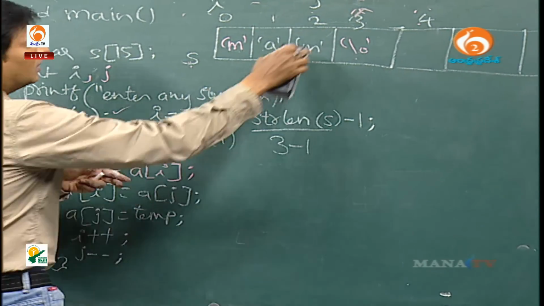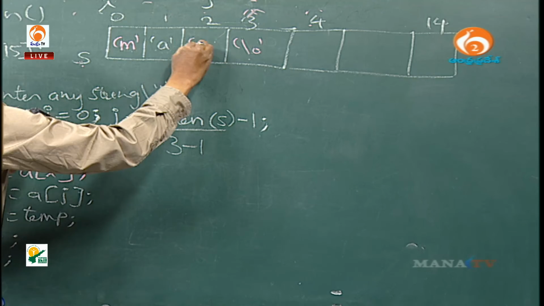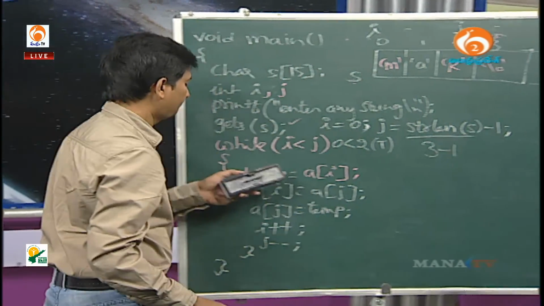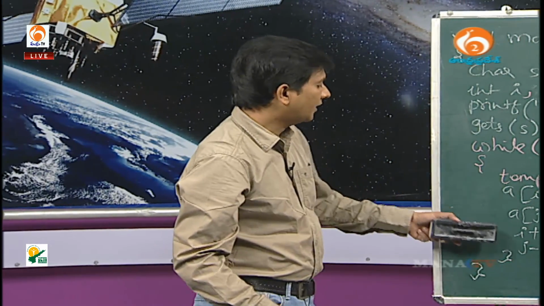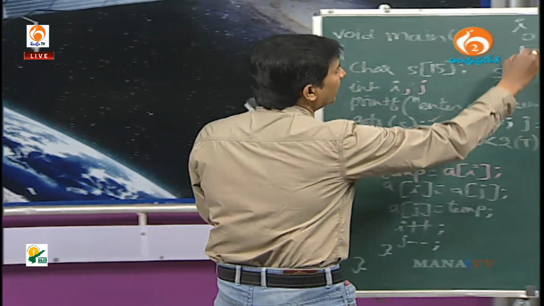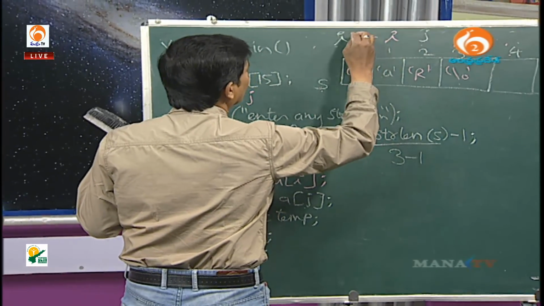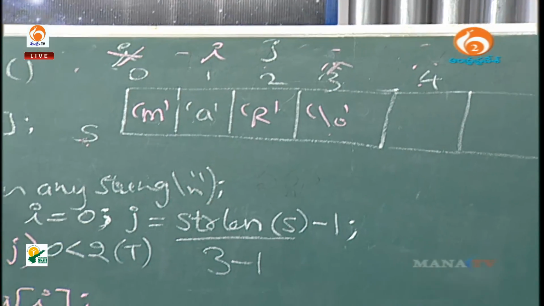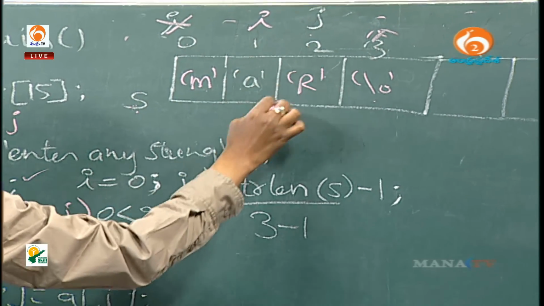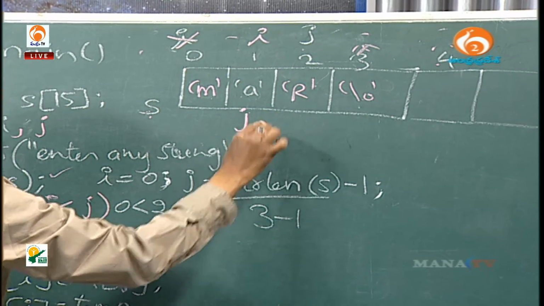M is replaced with r. Next iteration, I plus plus, I is incremented by 1. Next j minus minus means I and j come to the same.